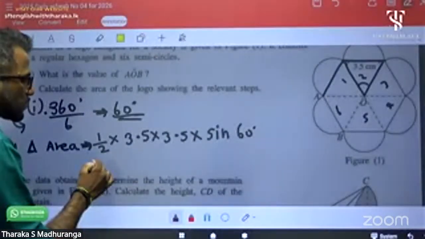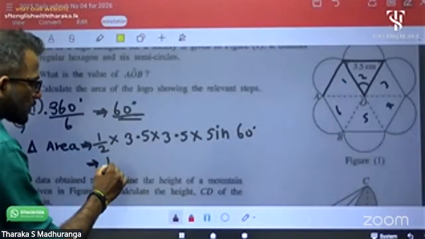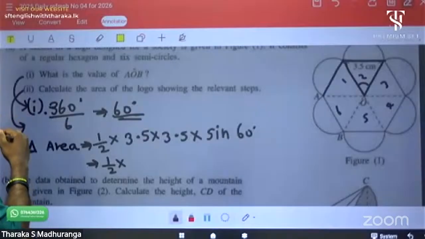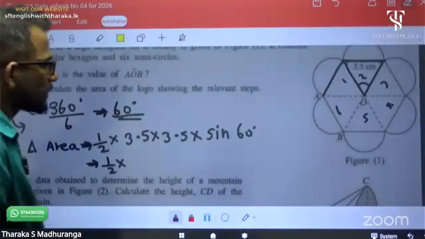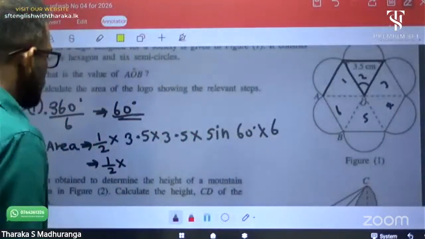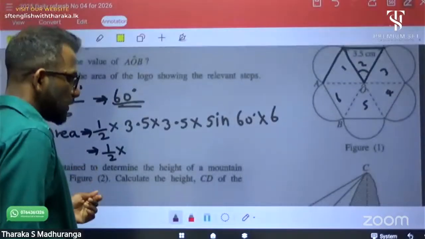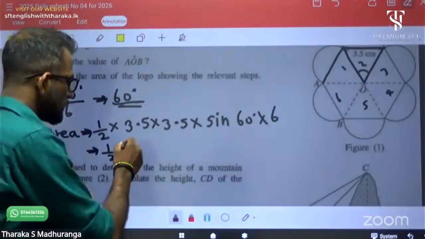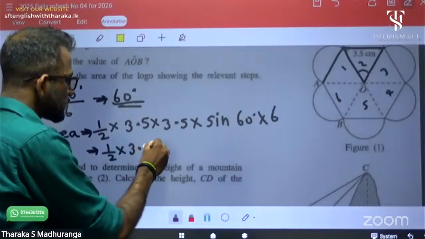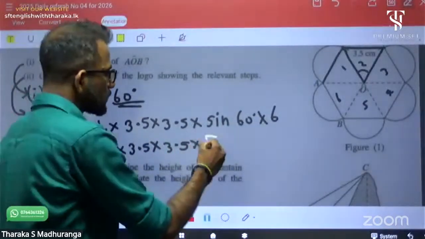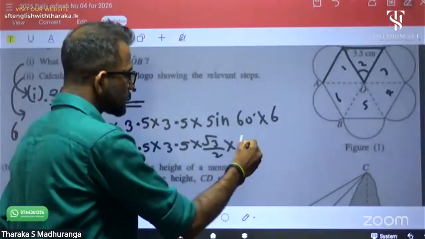Sin 60 equals root 3 over 2. Better to get all 6 areas together, so multiply by 6. Then it is easy. Half times 3.5 times 3.5 times root 3 over 2 times 6.